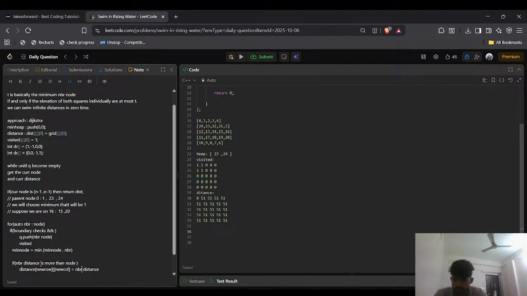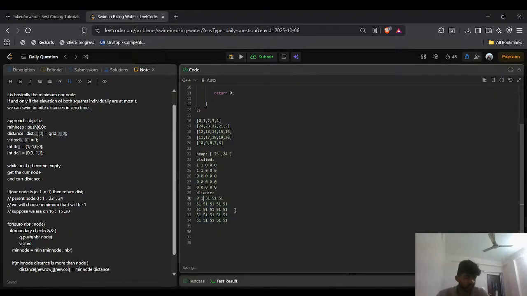And if neighbor distance is, we can write here min node. In this case, our min node is 1. If 1 is more than 0, of course 1 is more than 0. So we can do min node distance, that will be 1.